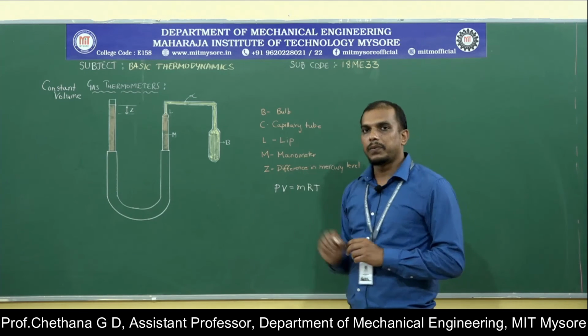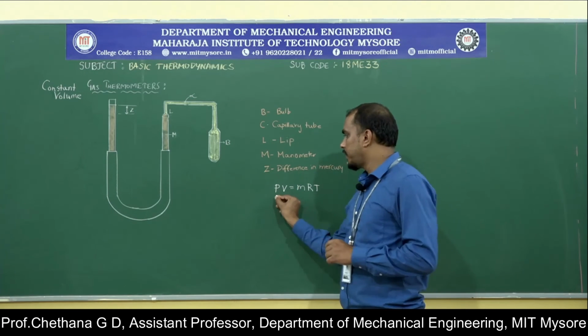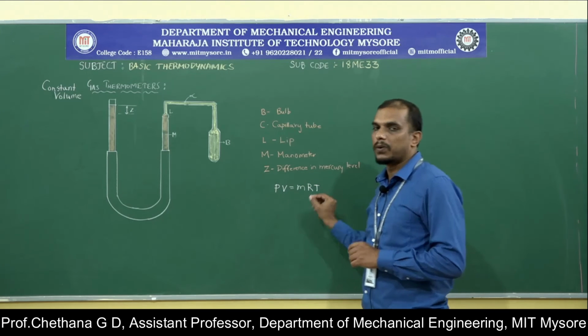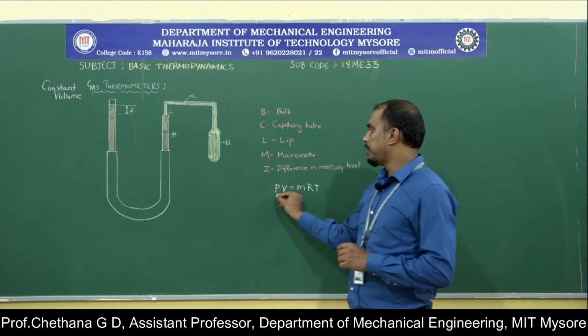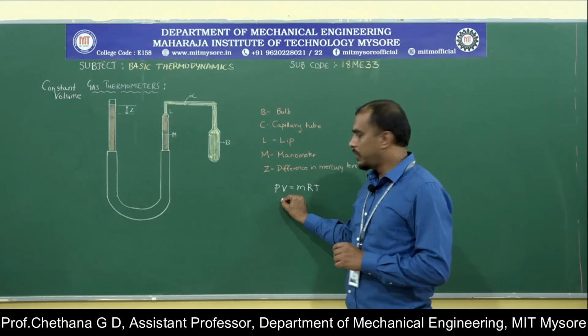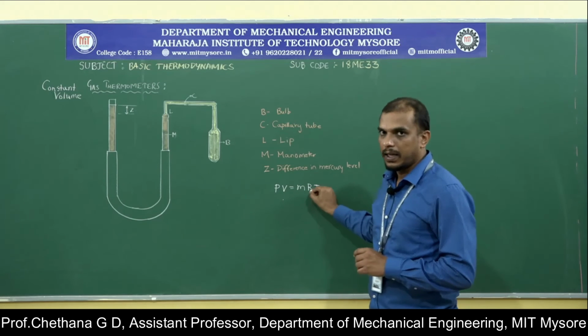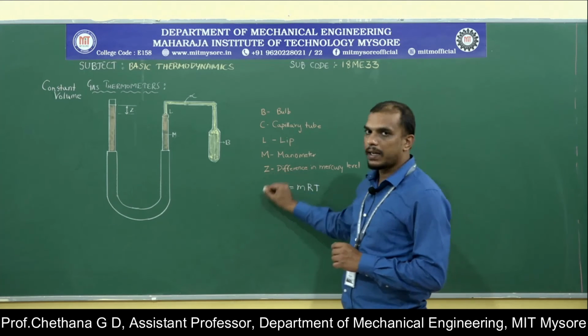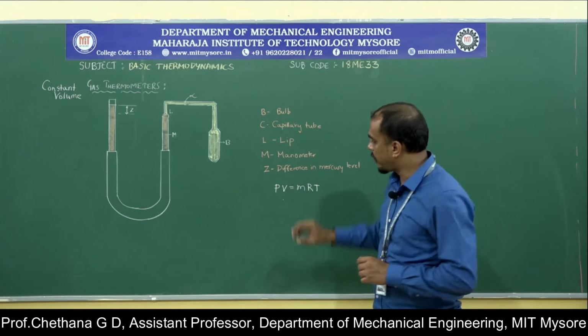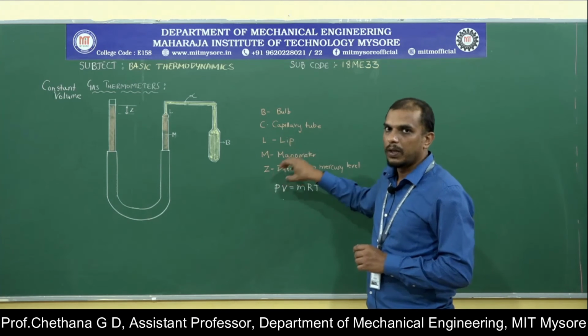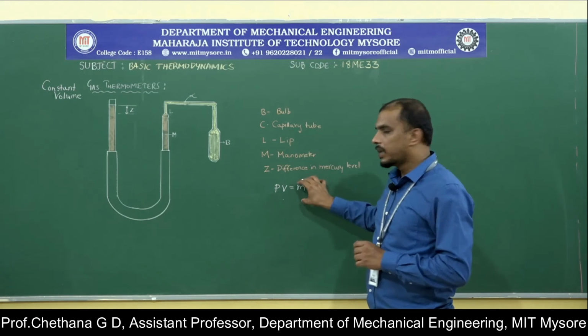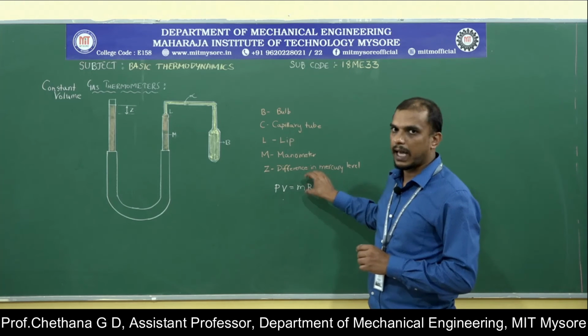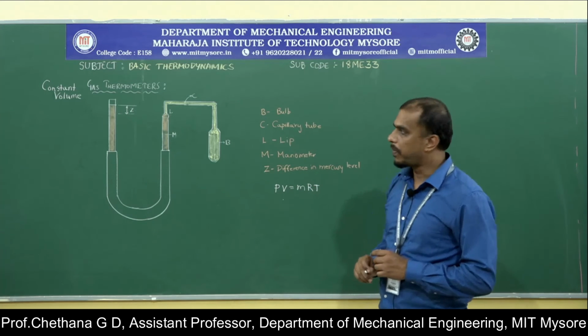We have an ideal gas equation, which we denote as PV = mRT, that is, pressure into volume is equal to mass, gas constant and temperature. This is the ideal gas equation, where the product of pressure and volume will be equal to the product of mass, gas constant and temperature.